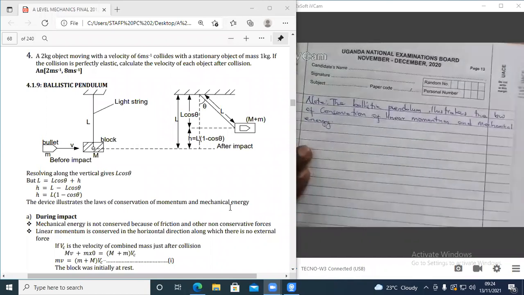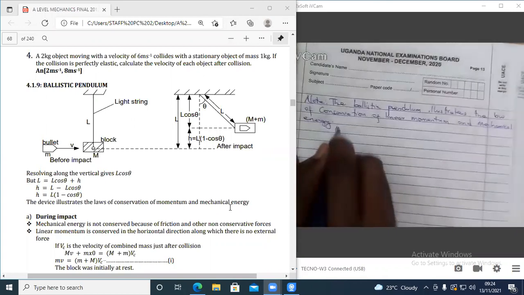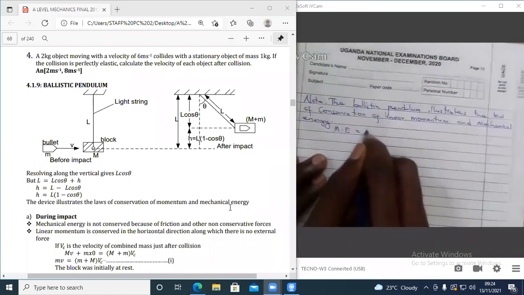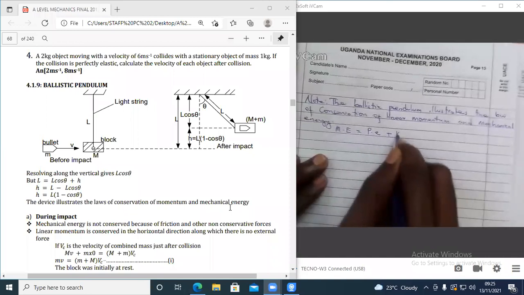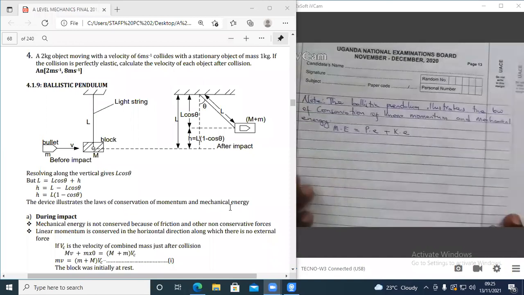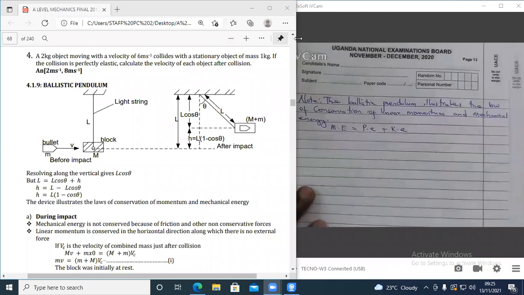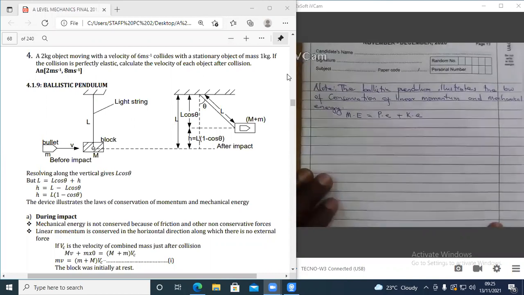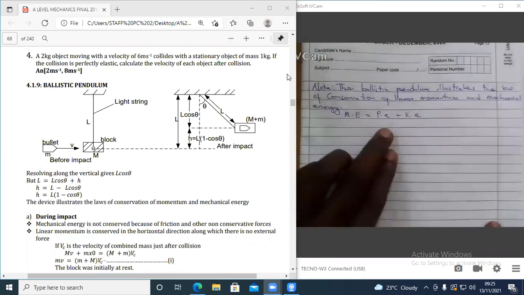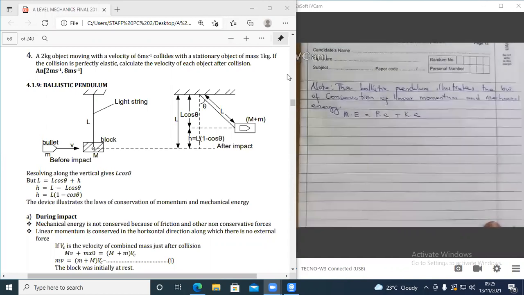And mechanical energy is potential energy plus kinetic energy. You should take note of that.